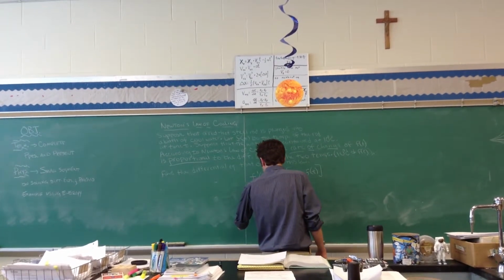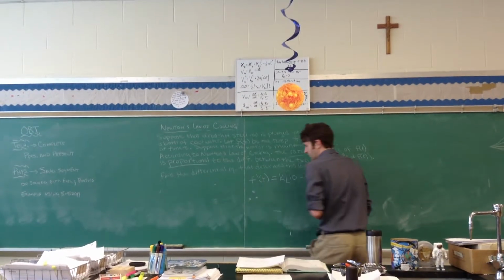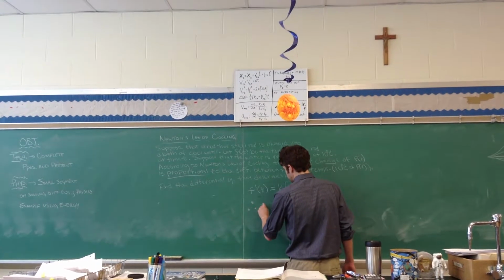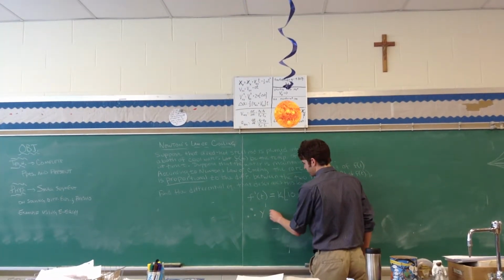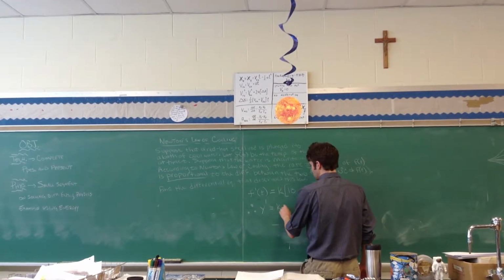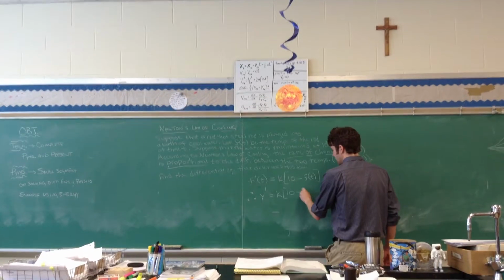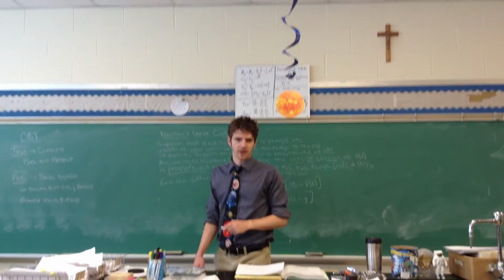So our differential equation, therefore, will be y prime equals k times the quantity 10 minus y.